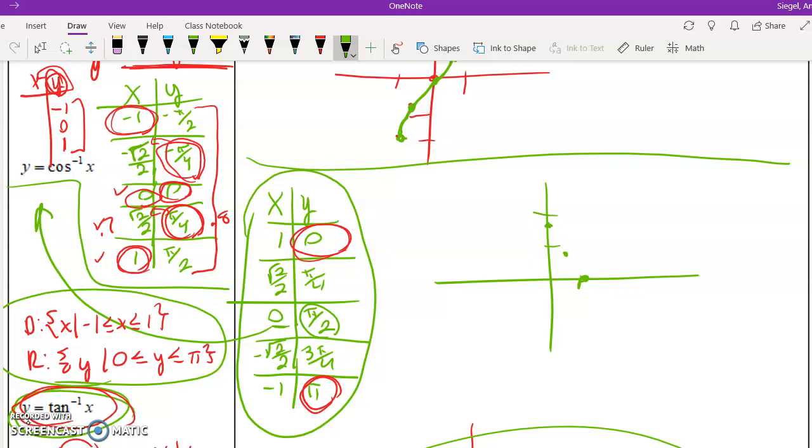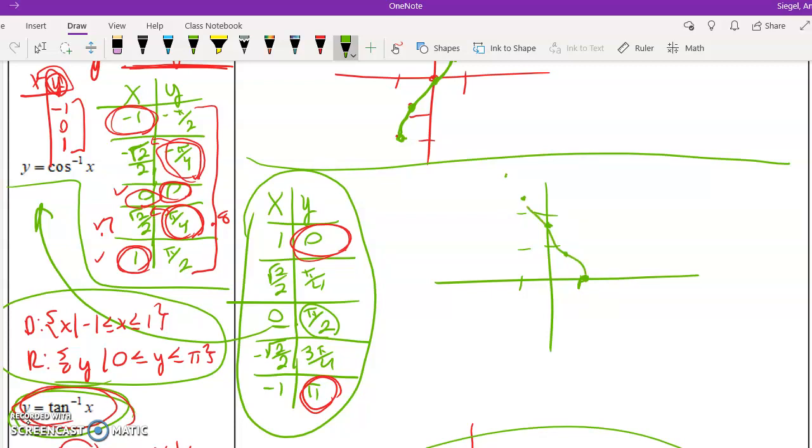And then negative square root of 2 over 2, which is about right there. And then 3 pi over 4. I don't know what that is. That's about 2.35. So right there. And then what's the final one? Negative 1, pi. So 3.14. So it looks like that.